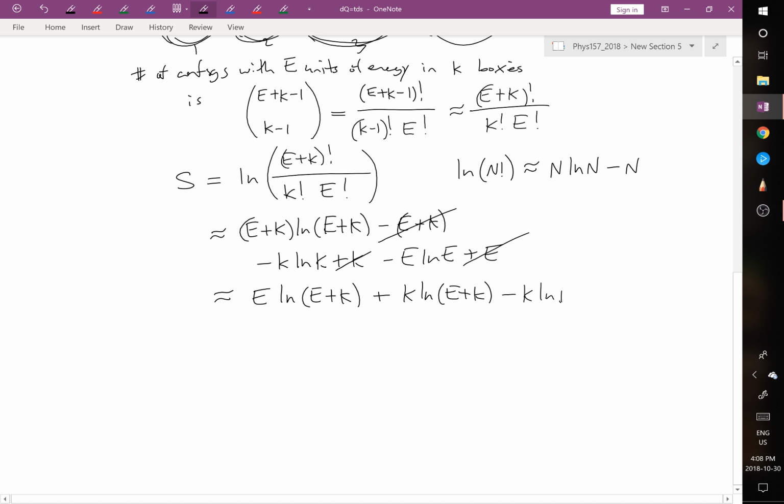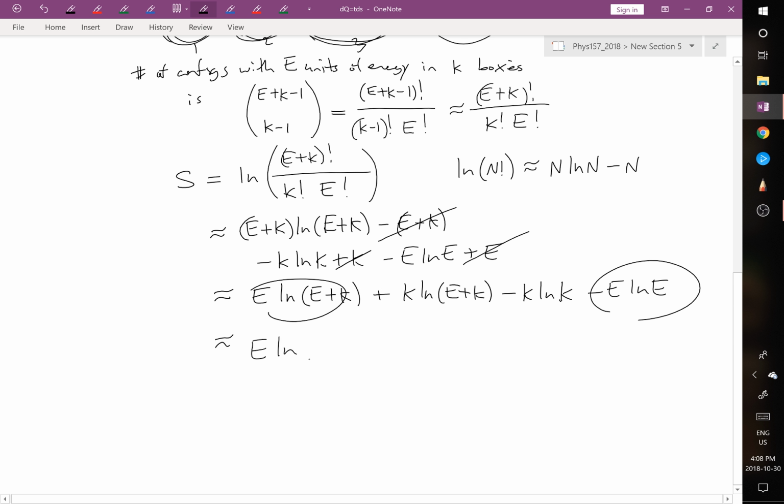Minus K log K minus E log E. And then I'm going to combine this term and this term, so that gives me E log of 1 plus K over E, and then plus K log E plus K log 1 plus K over E minus K log K. And I probably shouldn't, you can fast forward at this point.